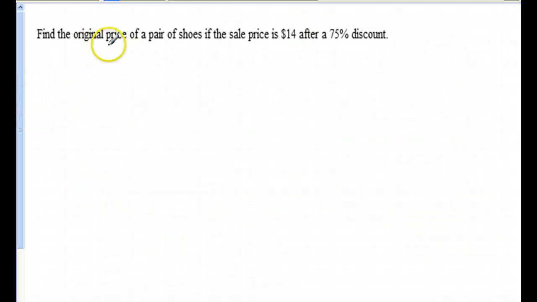Alright, find the original price of a pair of shoes if the sale price is $14 after a 75% discount. Now when you're doing problems like this, when you're finding the original amount, so you know what it is after a discount or after a markup or after a raise, what you have to do here is let X equal what you're looking for, the original amount.